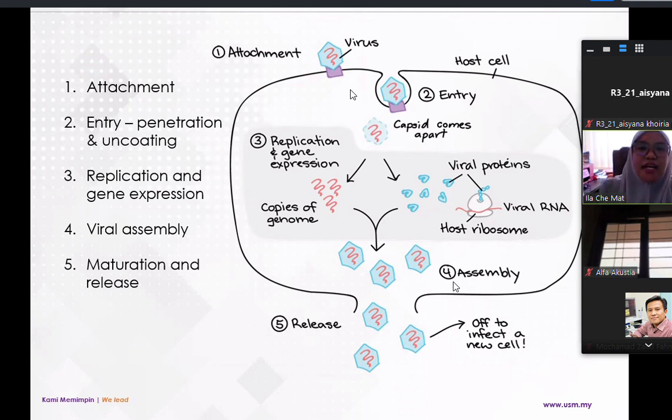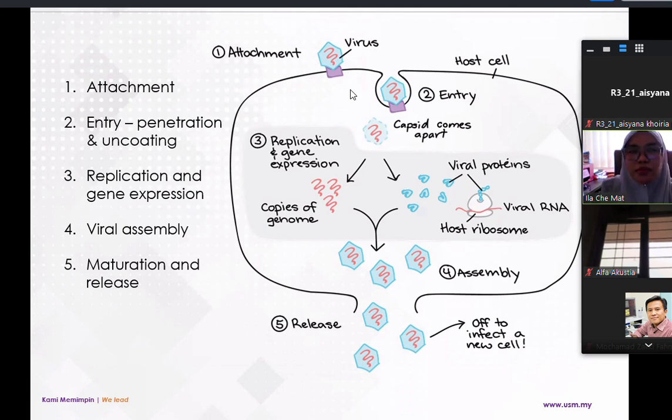Okay, so a virus, we call it living, but indirectly it is non-living. Why non-living? Because the virus itself cannot multiply by itself. They need to use the host cell machinery to replicate.